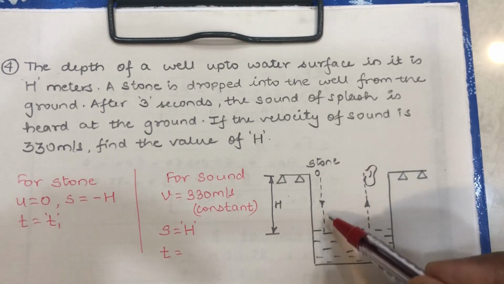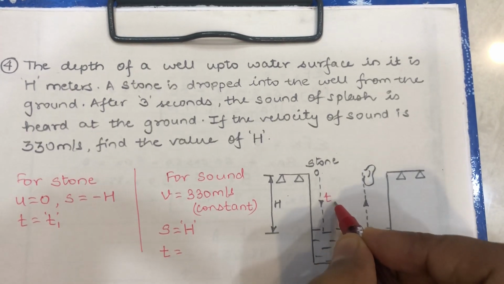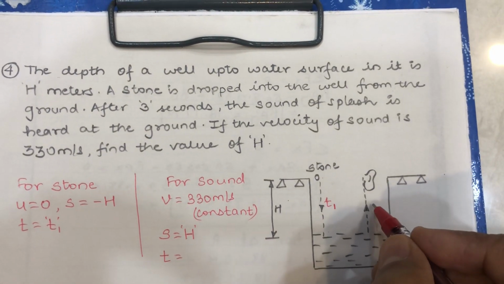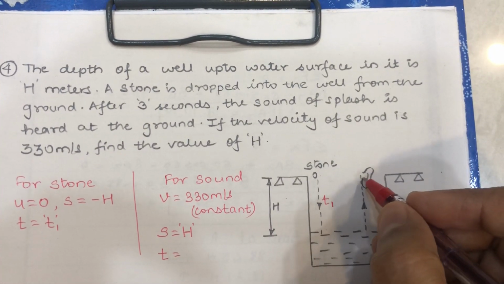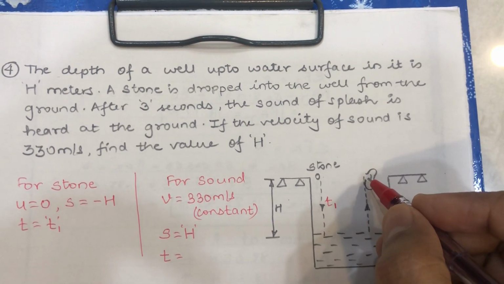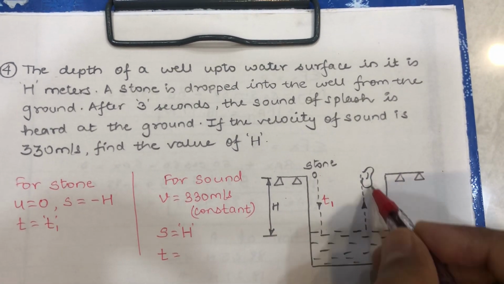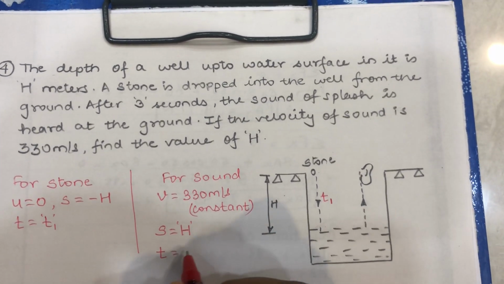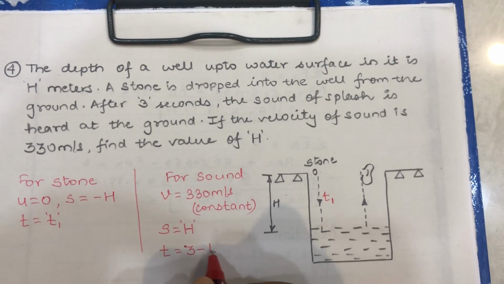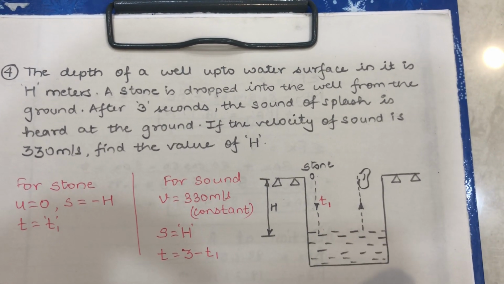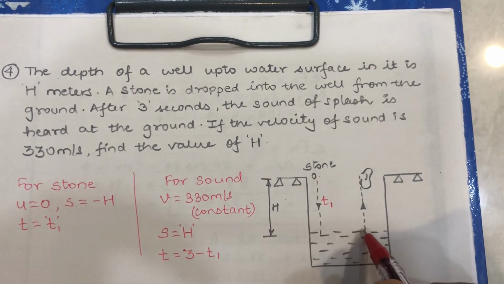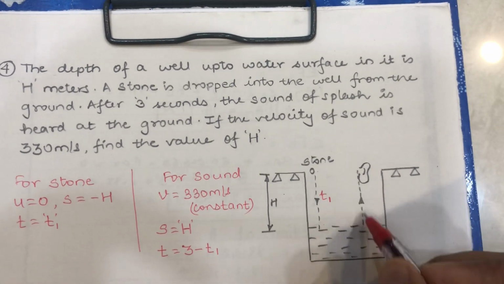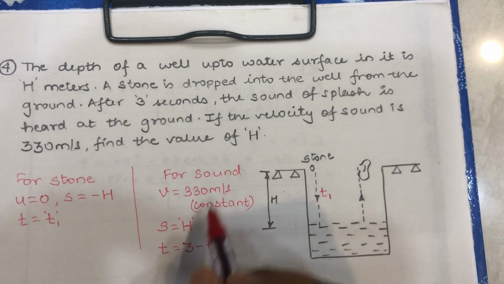So the stone reaches here with a time t1, and here the sound reaches the observer's ear. So from here till here the time is 3 seconds. So for this, t will be 3 minus t1. I hope you understood. From here till here it is 3. If t1 is subtracted, then this will be remaining, and that is the time t for the sound.